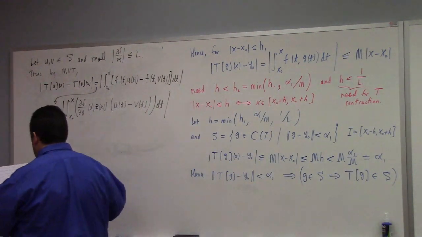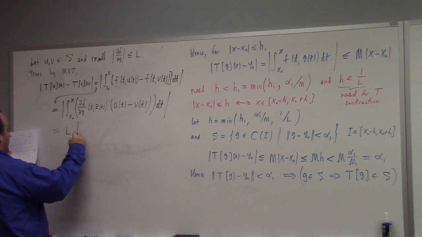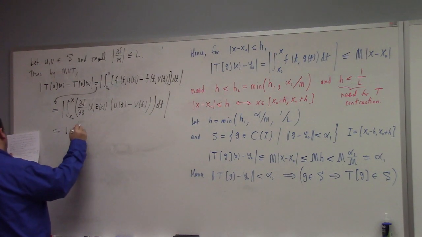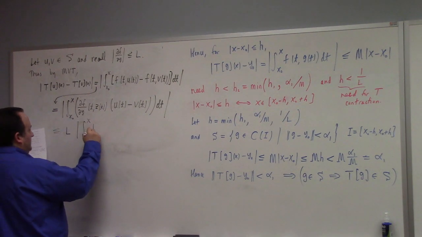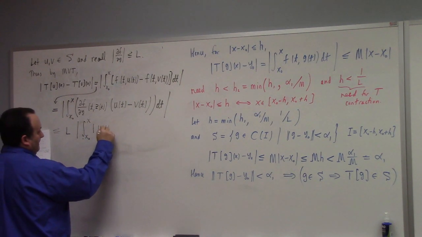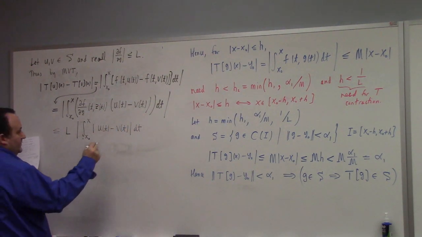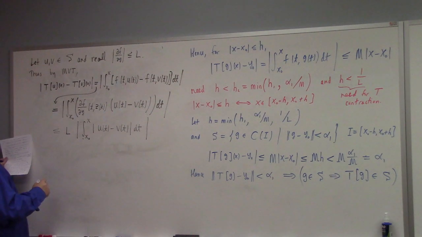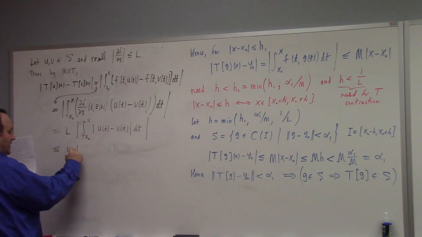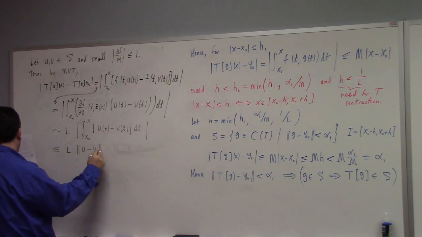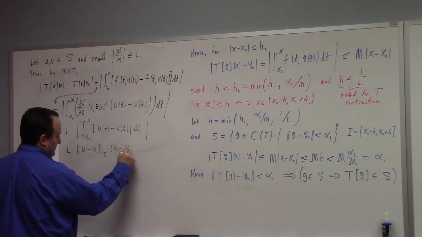All right, so that is less than or equal to L times the absolute value of the integral from x naught to x of the absolute value of u of t minus v of t dt, closed absolute value, which is less than or equal to L times the norm of u minus v over I times the absolute value of x minus x naught.